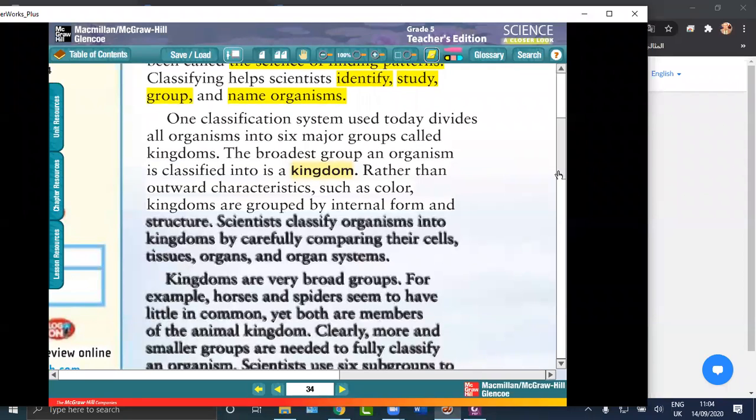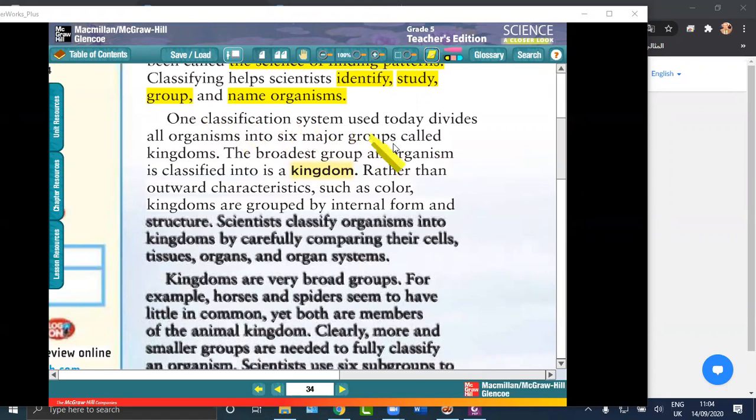Now, kingdom. What about the kingdom? They classified organisms into kingdoms. Who can read passage number 2? What's your name? Muaz. Yes, Muaz.